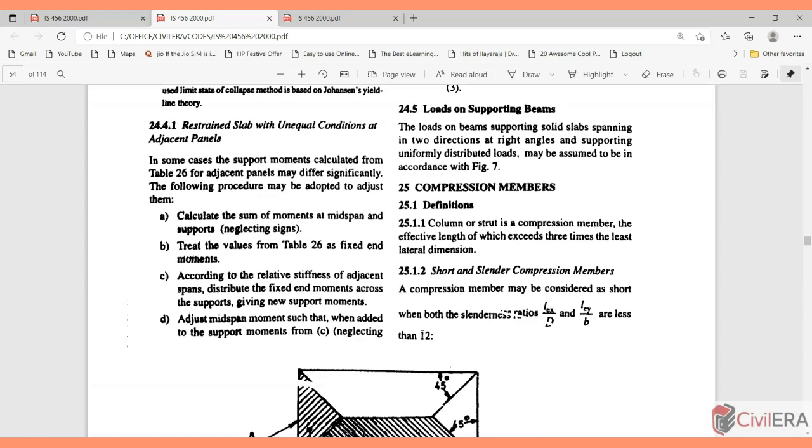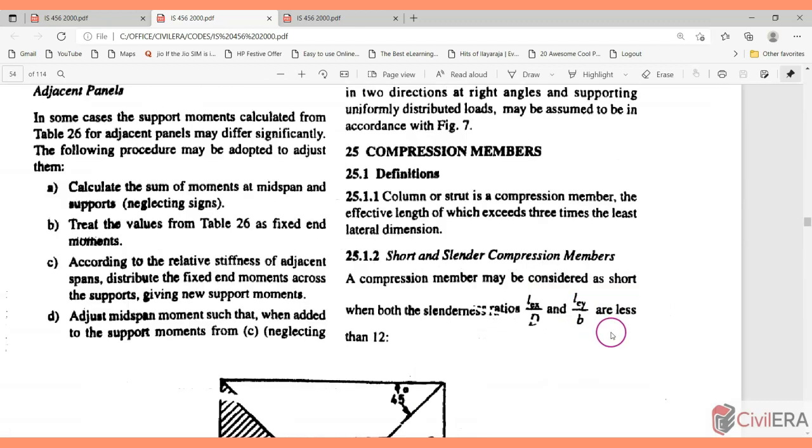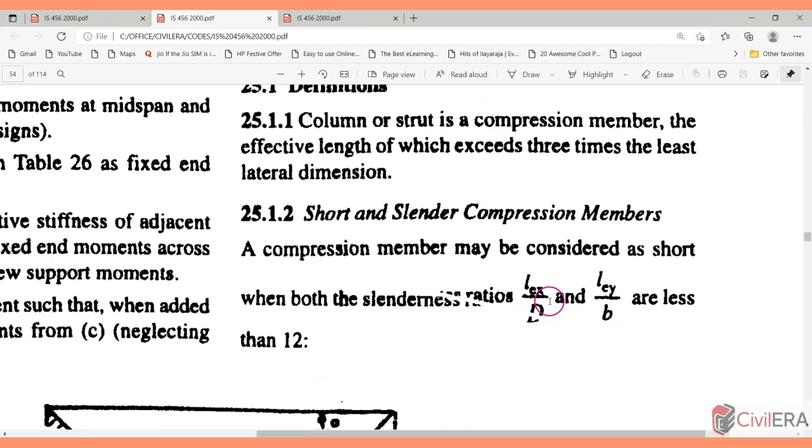This is what you have been doing in your college, in your textbooks and in your practice everywhere. But here there is a great difference in the understanding of what effective length is all about. If you see here, it's very clear that you have LEX and LEY, which means there is something in that. It's not your center to center height of the column, it's much more than that. How can you have two different heights in X and Y direction?